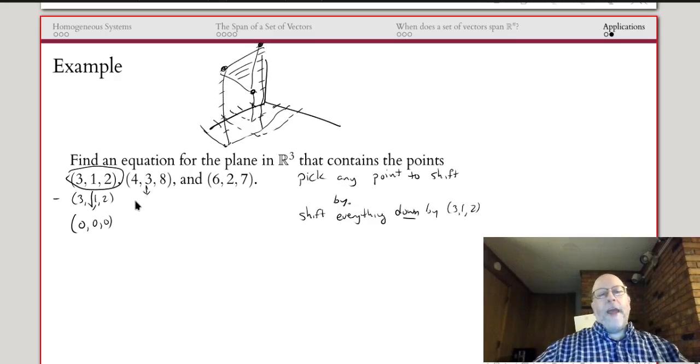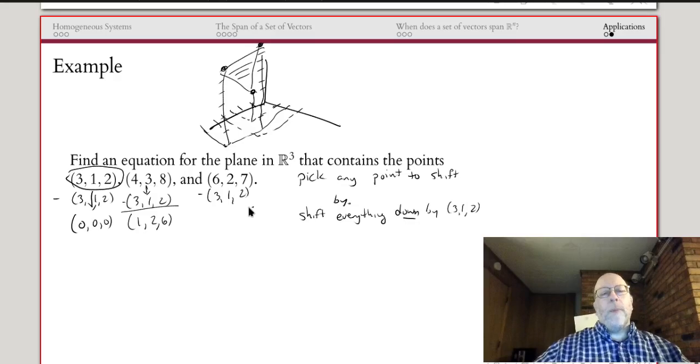Then 4, 3, 8, if I subtract 3, 1, 2, I now have 1, 2, 6. And then 6, 2, 7, if I subtract 3, 1, 2, I get 3, 1, 5.